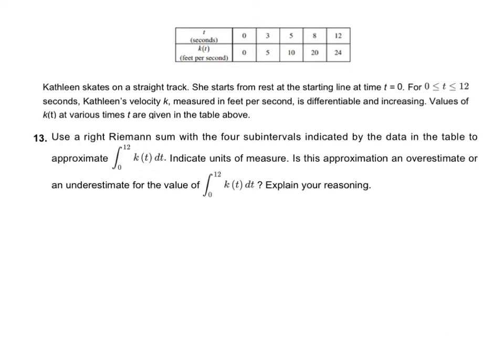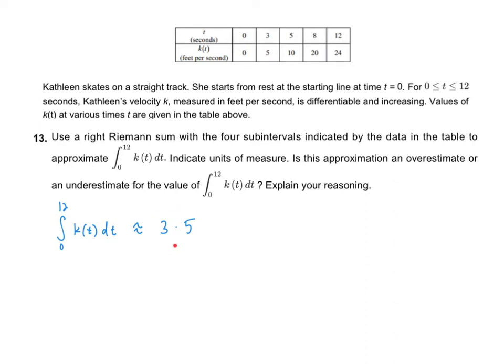For each subinterval, we look at the first subinterval from 0 to 3, so the width of the subinterval is 3. Actually, I'm going to write it like this: from 0 to 12, this is approximately equal to 3 times 5.